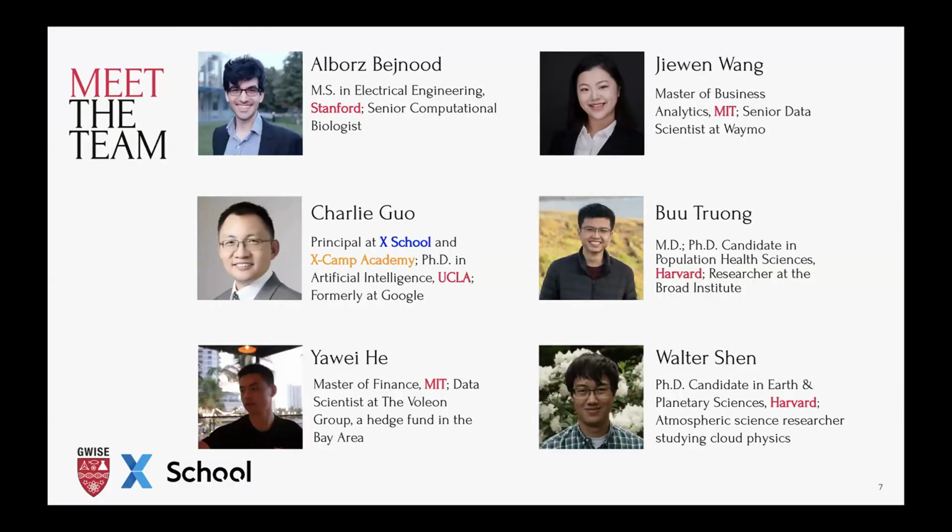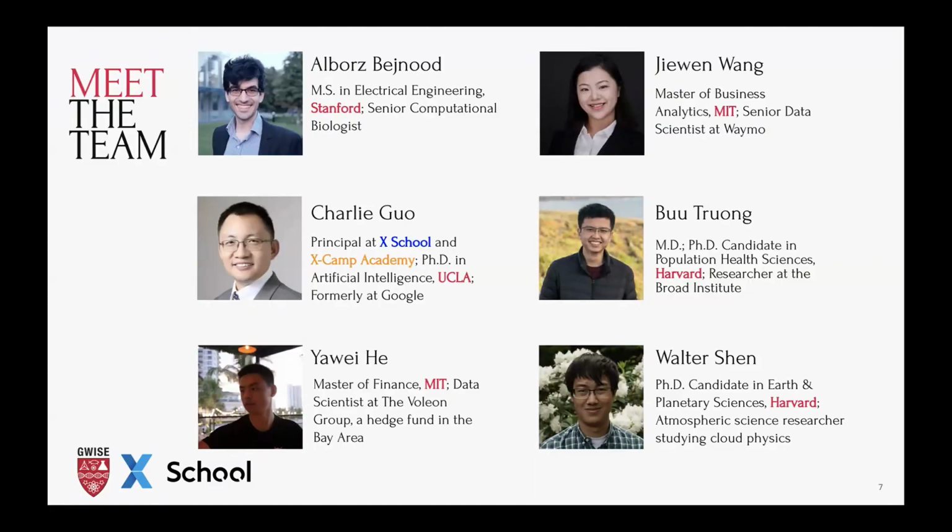If you want to know who this year's judges are for tonight's final, we have Alborz Bejnoun, who has a master's in electrical engineering from Stanford University. Alborz also did his bachelor's at Stanford, but is now a senior computational biologist who works in biotech within the Boston area. Charlie, of course, who is the president of X School and X Camp Academy, has a PhD in AI from UCLA, and Charlie also used to work for Google.